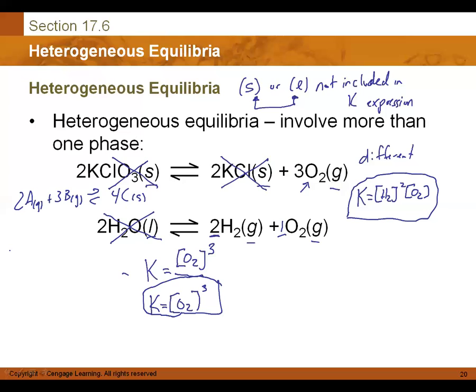The problem is, though, when we go to our product side, for this one, yeah, I did right here. So the 2 on the coefficient becomes the exponent when you do an equilibrium expression. So the 2 goes up there on top as the exponent.